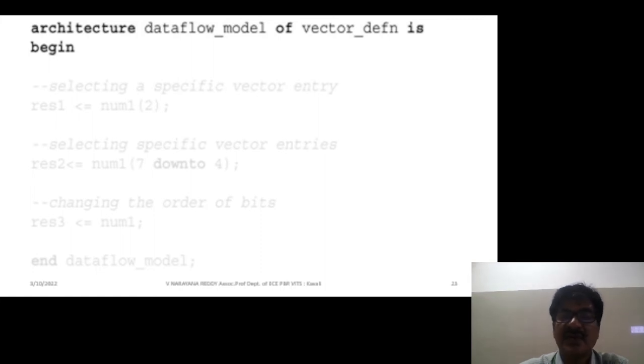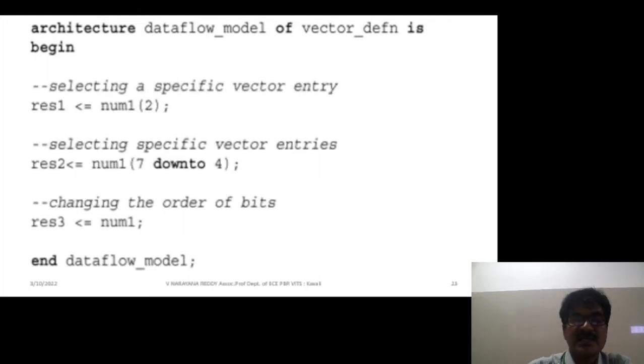After begin, what information it has? Just assigning the input values, the input 8-bit number, with different sizes at the output. Because the output has three different cases, one is register 1, second one register 2 and third one is register 3. In the first case, a selective location data is assigned to register 1. Which location?